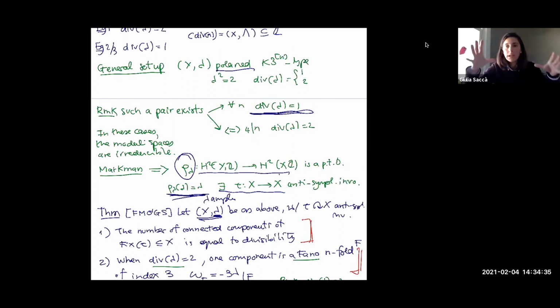Yes, for this deformation class, there is. And then within that deformation class, you may ask the question, which lattices appear as the Néron-Severi of a family inside? It's the same as for K3s.